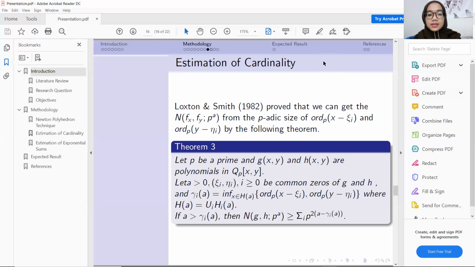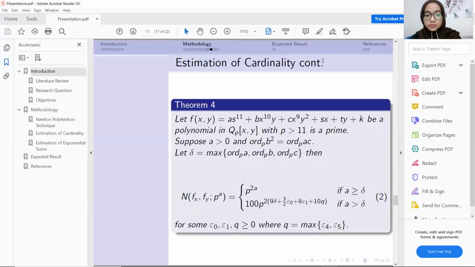Loxton and Smith, 1982, proved that we can get the p-adic size of the common zeros of fx and fy from the p-adic size of ord_p(x minus ξ_i) and ord_p(y minus η_i) by the following theorem. This is the important theorem.